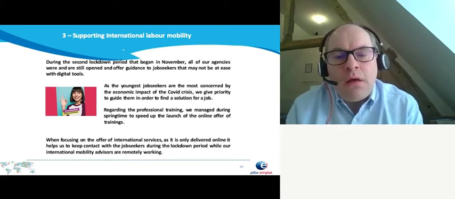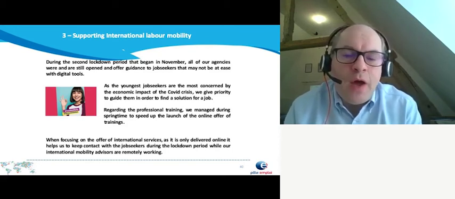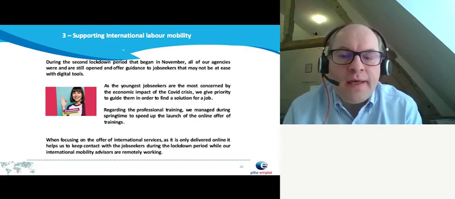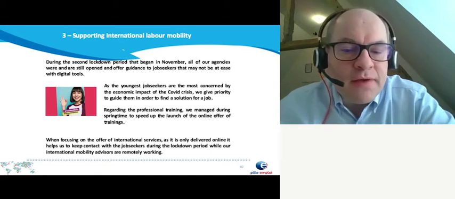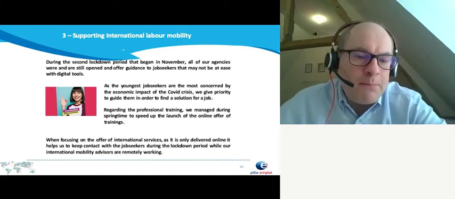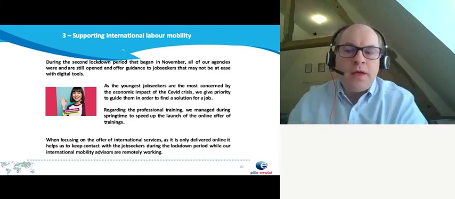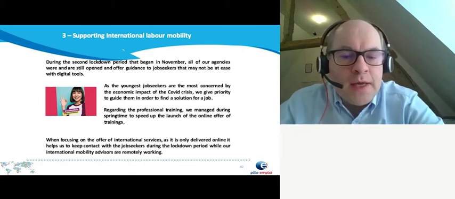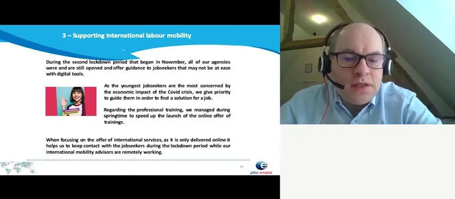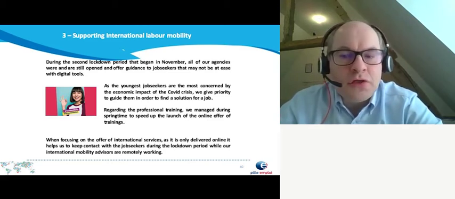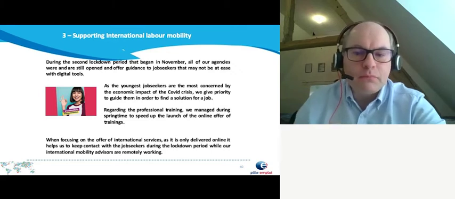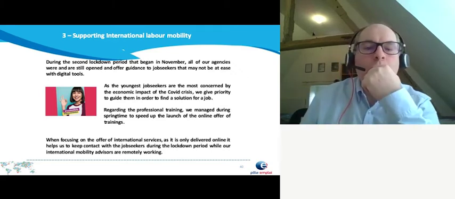Now, regarding the international labor offer, as I explained, it's totally delivered digitally, online. This means that we still have contact with our job seekers during lockdown in spring, but also the one we're going through now. And all advisors in international mobility are equipped in order to be able to work from home, so that is remotely.